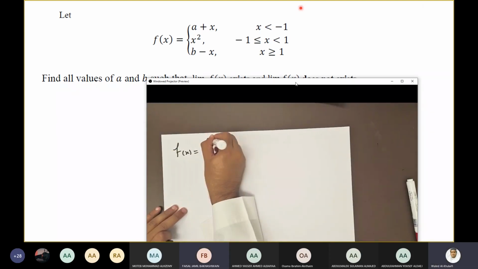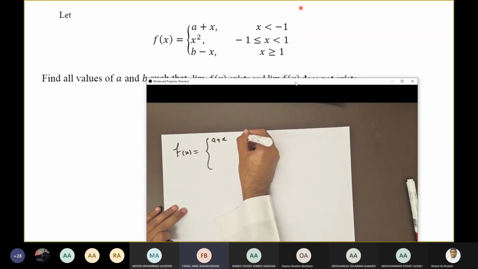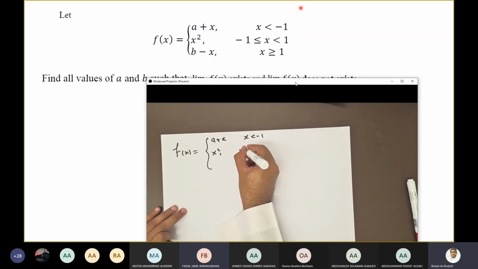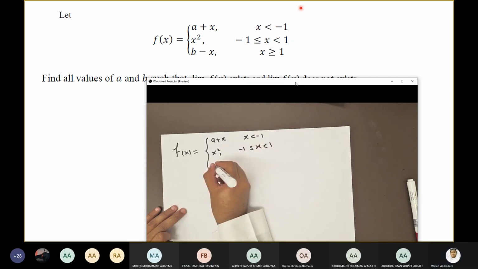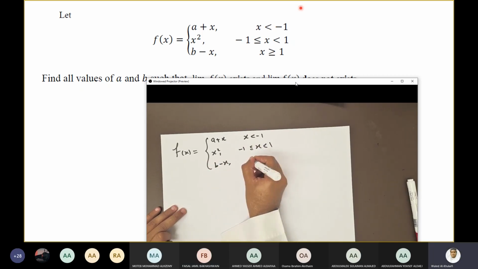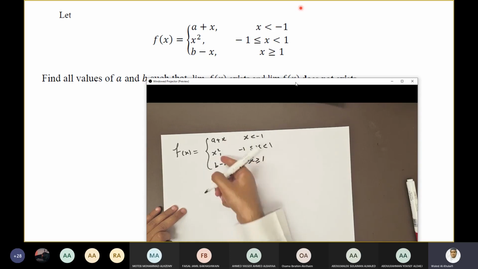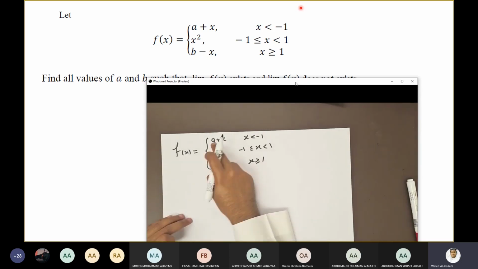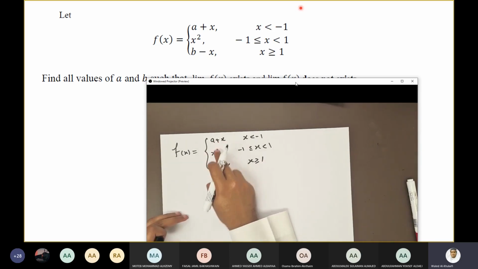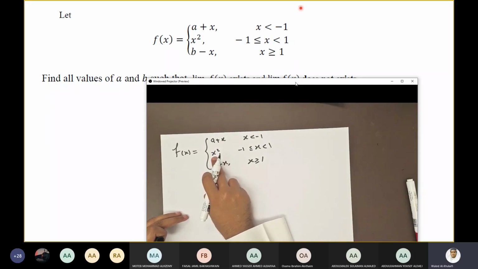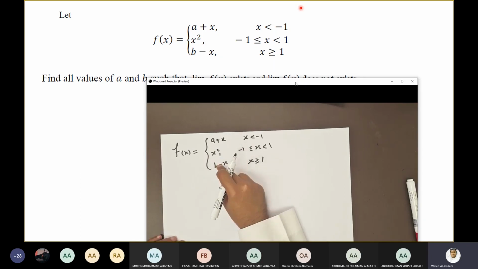I think first you must check -1 and 1. You know that in a piecewise function, if every definition is continuous, here this is a line, which is a continuous polynomial of degree 1. This is a polynomial of degree 2, which is continuous. B minus x is a polynomial regardless of the value of b, so it is continuous. So each one of them is continuous.